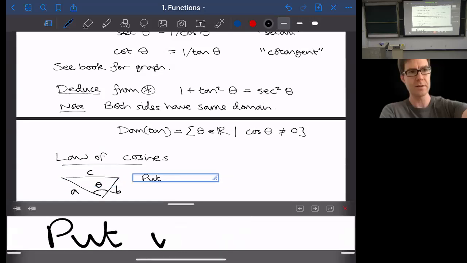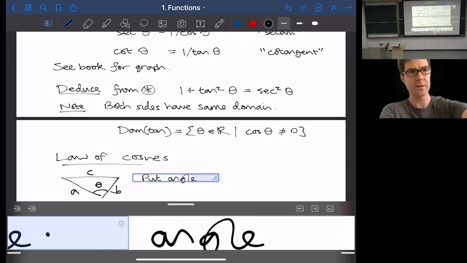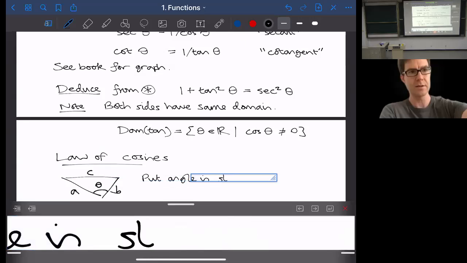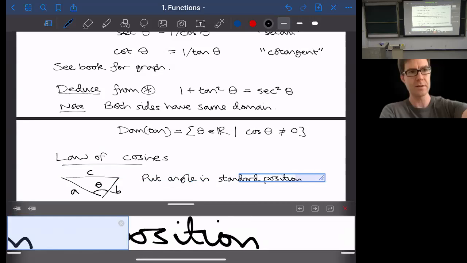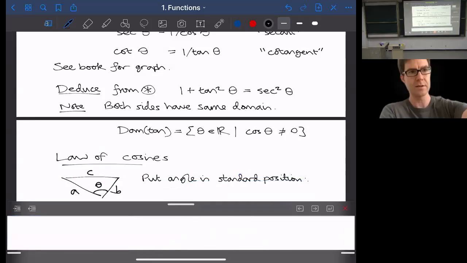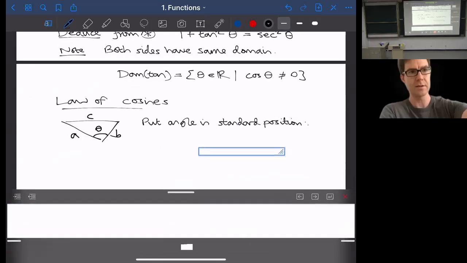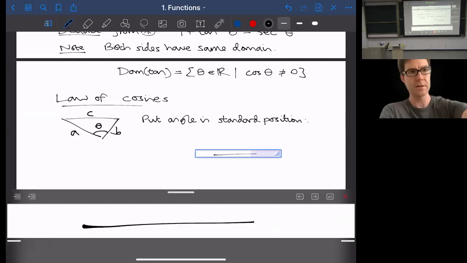Now let's put the angle in standard position. So we have our x-axis here.